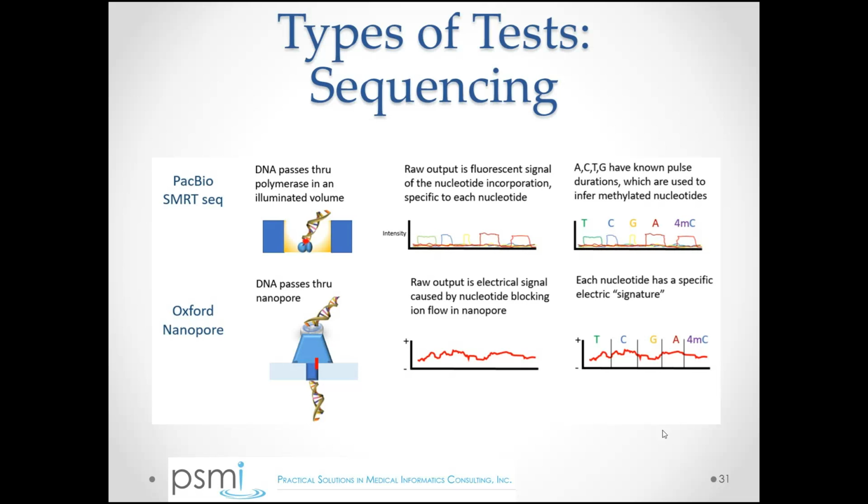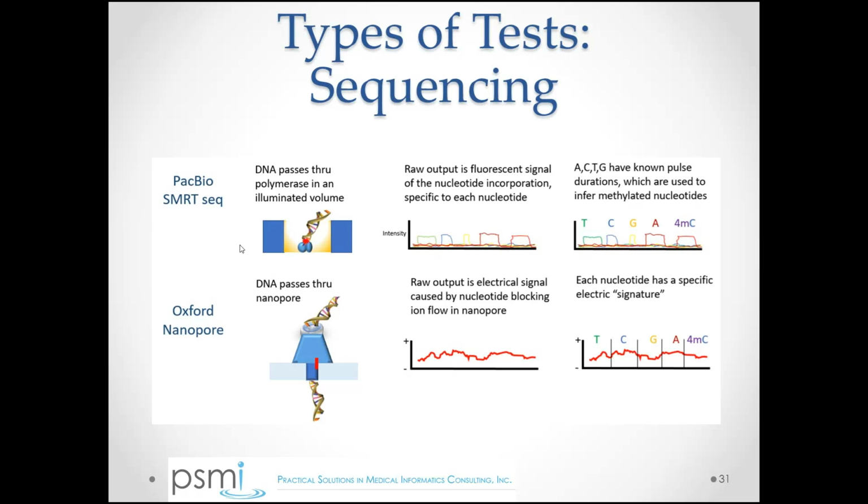But what characterizes both of these is extremely long read lengths. They're both being used in research, but neither is being used for any clinical applications right now. These are examples of coming technology where you can achieve very long read lengths, 100,000 bases in a row.